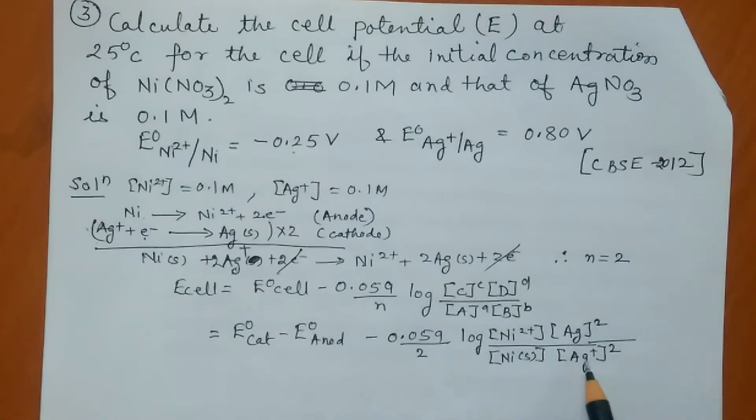In this way we are getting the expression. Now the concentrations of Ag solid and nickel solid will be 1, because we take the concentration of solids as 1.